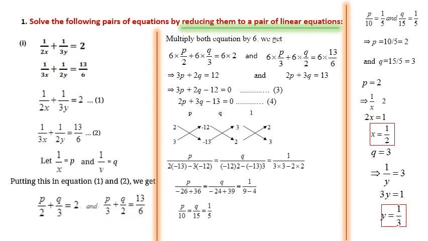So once the equation is in the proper format, we will be able to use any method and solve for the values of the variables. And once you get the assumed values like here p and q, resubstitute again to get our original variables x and y. Finally we have got the value of x and the value of y. Hope it is clear.